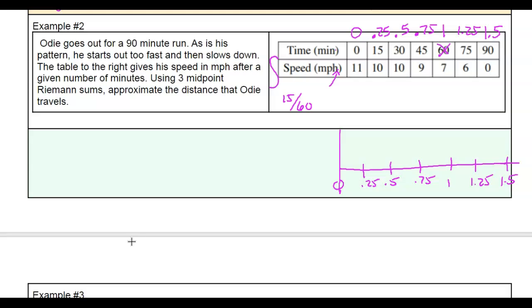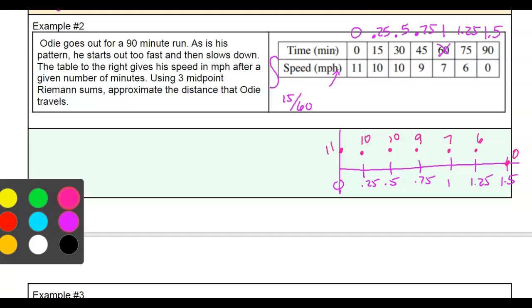So at 0, we're at 11. I always like to just write the numbers there so I don't have to look at the table again. Then we go to 10. Then we're at 10 again. Then we're at 9. And then 7, 6, and then we are at 0.